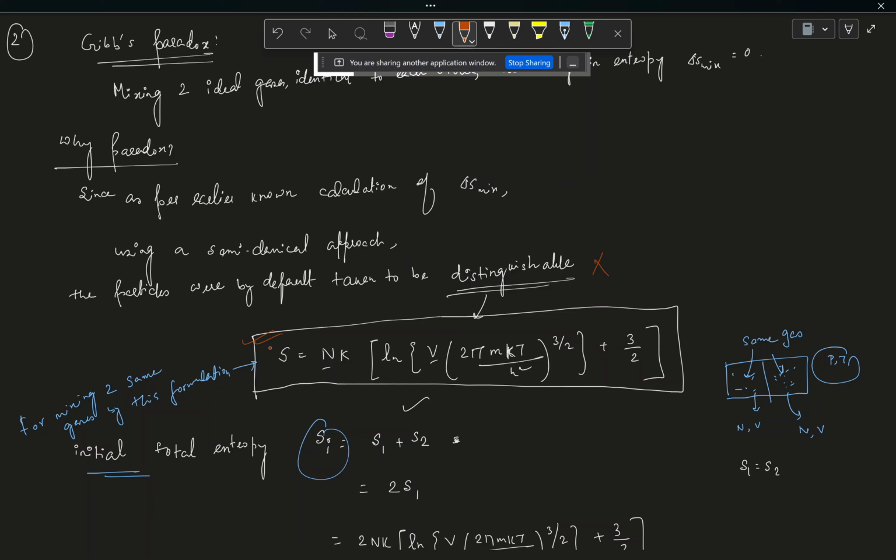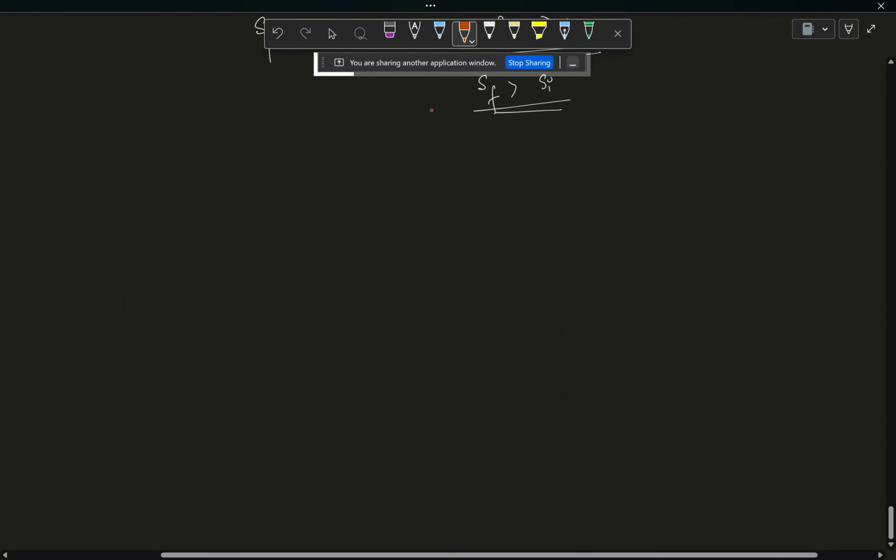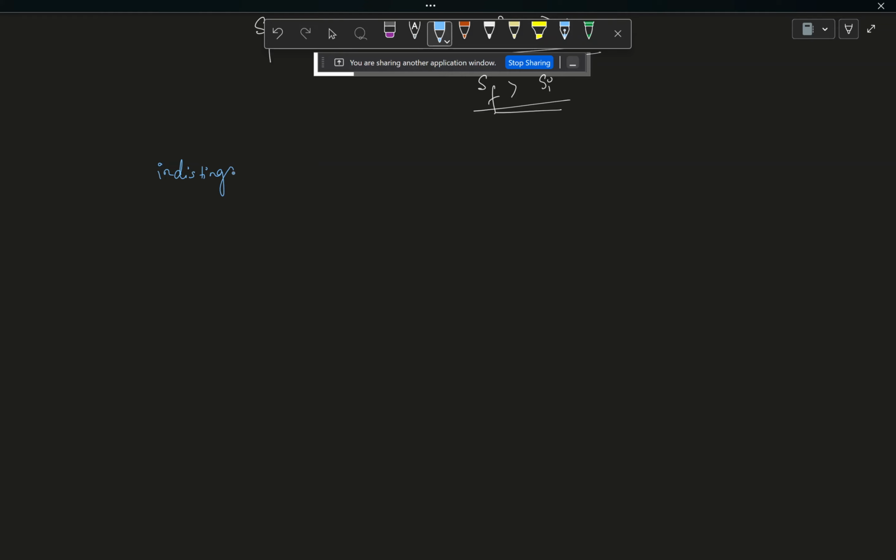So by considering that for ideal gas identical gas mixing, the particles should be indistinguishable, now by this modification, that indistinguishable gas particles from 1 and 2, we can modify the formula of entropy.